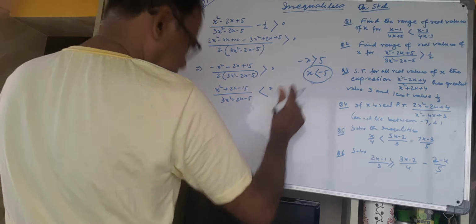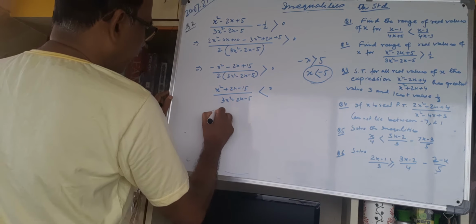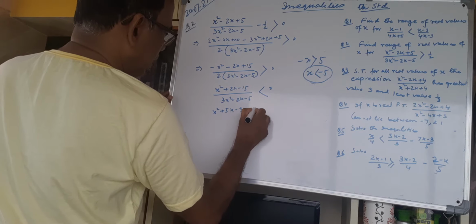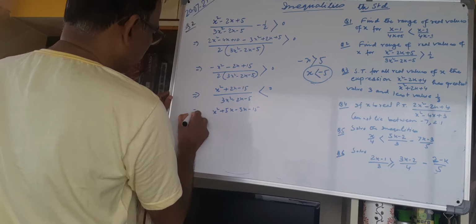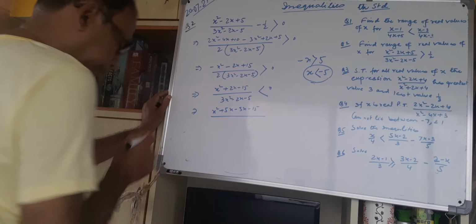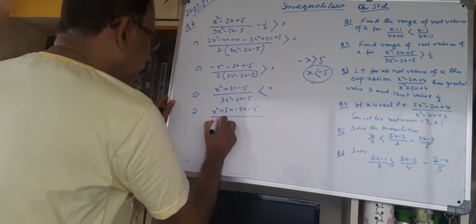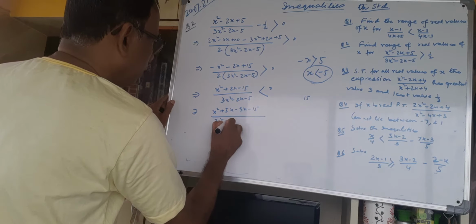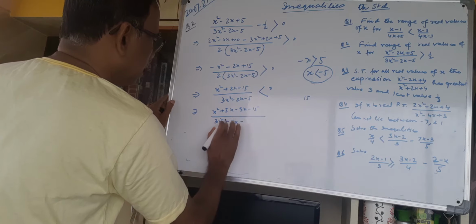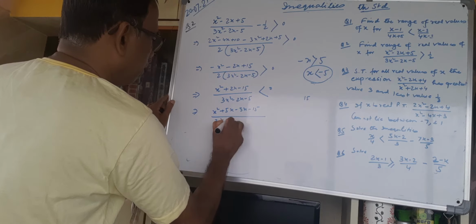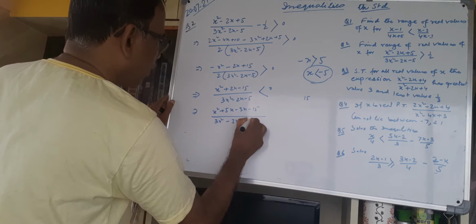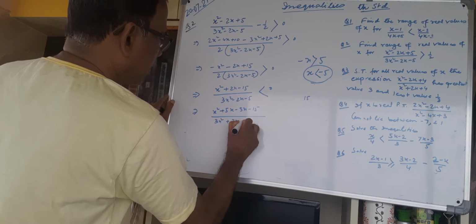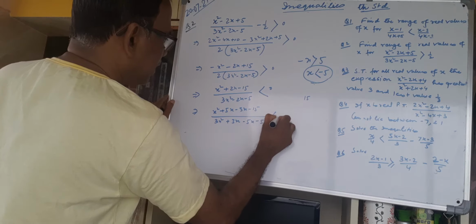Now doing middle term break, x square plus 5x minus 3x minus 15. 15 is the product value. 3x square minus 5x plus 3x minus 5 less than 0.